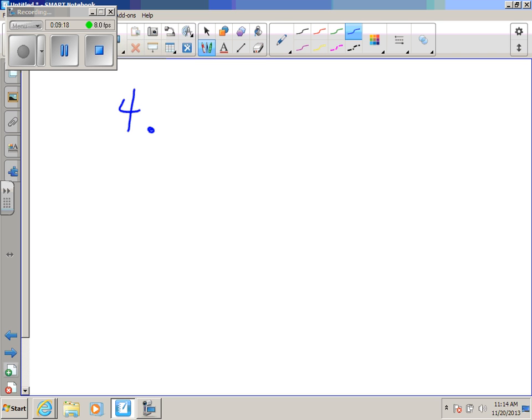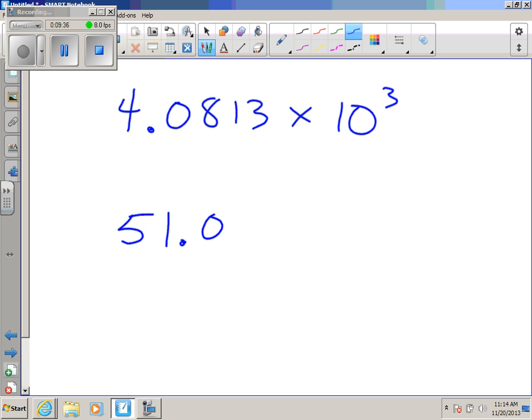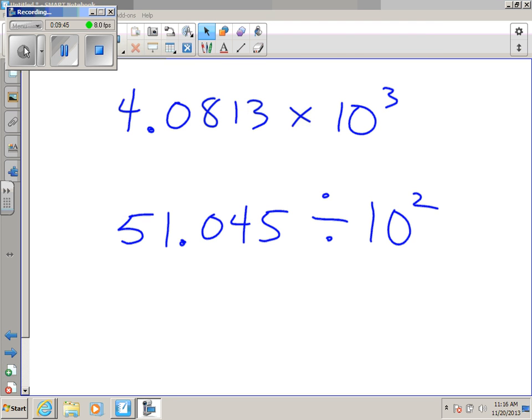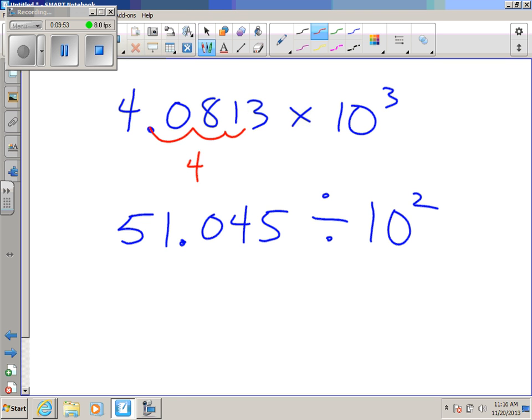All right, let's try a couple of multiplication. Try that one. Try those two. So I'm going to go 3 places to the right as I'm multiplying. So my new number is 4,081.6.